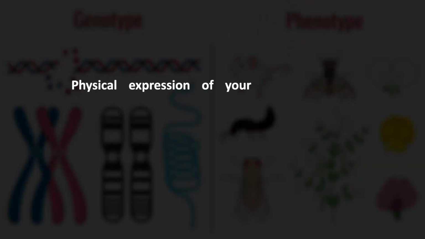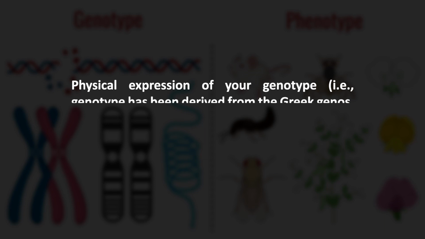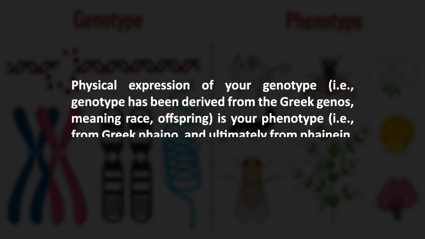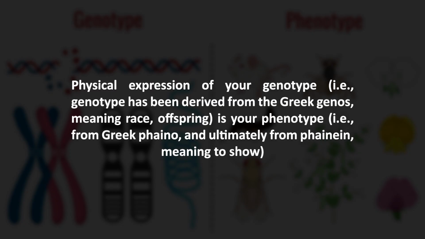The word genotype has been derived from the Greek genos, meaning race or offspring. The physical expression of your genotype is your phenotype, from the Greek pheno and ultimately from phenein, meaning to show.